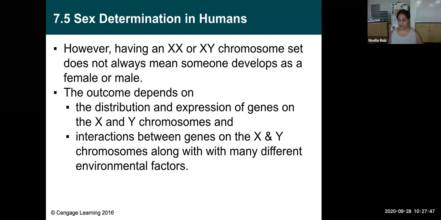So just because you have an XX or an XY, they interact in different ways with your other cells, your other chromosomes, each other, the environment, to produce many different phenotypic effects. Your phenotype is what you can see on the outside.